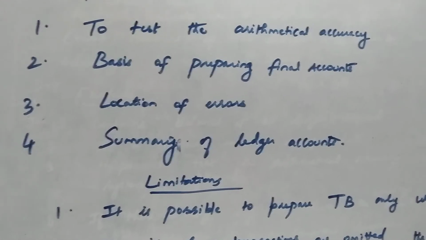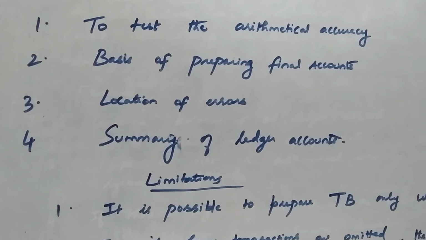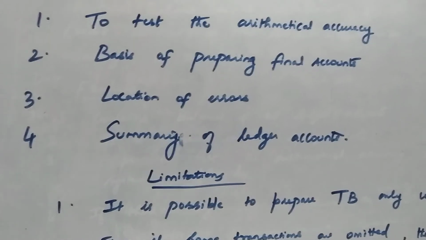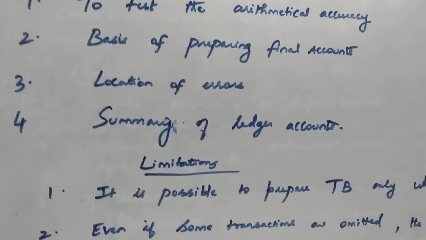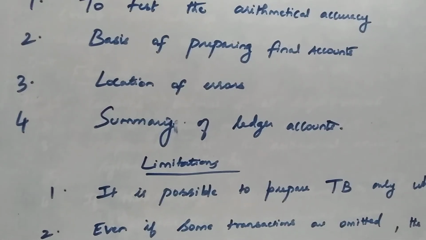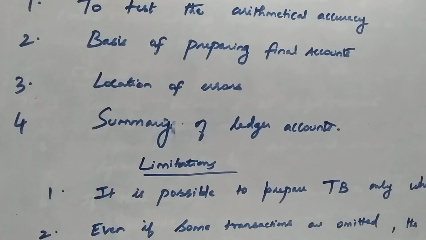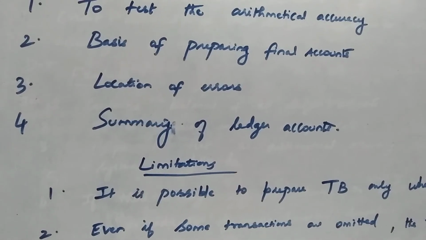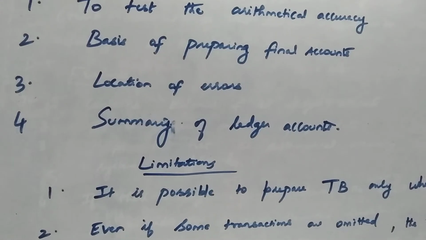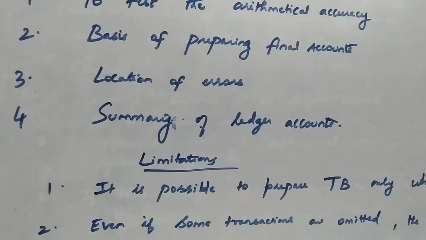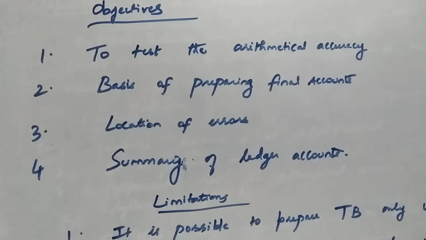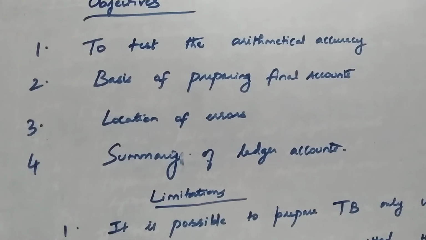In case it doesn't get tallied, if there is any difference between the total of debit column and the credit column, then we can know that we have made some mistake somewhere, and we will be locating the errors. It helps us to locate errors. And then it is a summary of ledger accounts. So these are the objectives of trial balance.